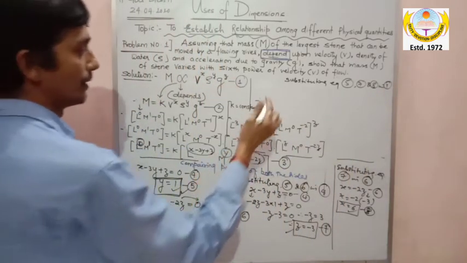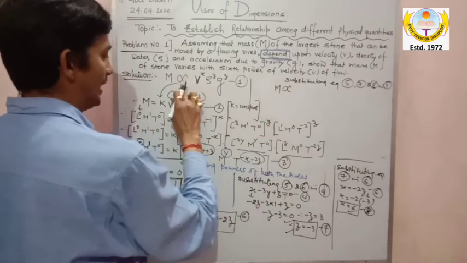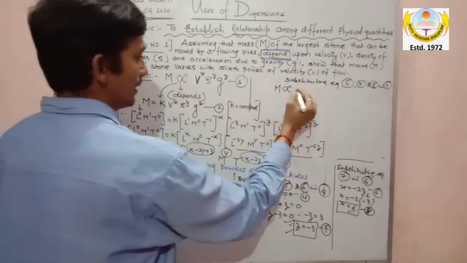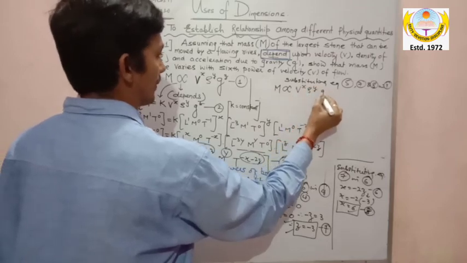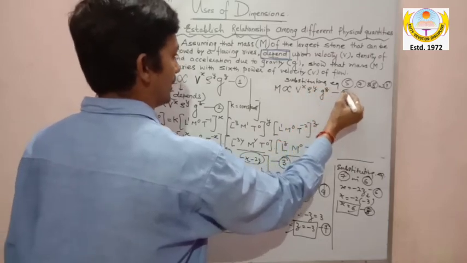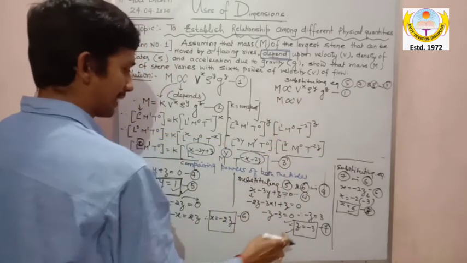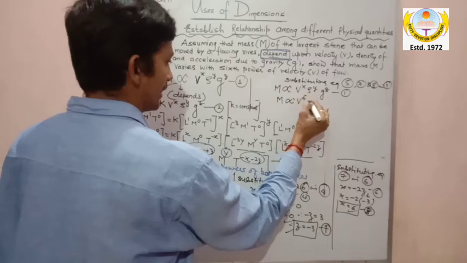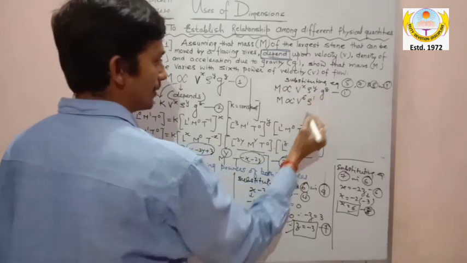So now what we'll get, m directly, this is v power x, rho power y and g power z, that is our equation number 1. So this is m directly v power x, x is how much? 6. Rho power y, y is how much? 1.